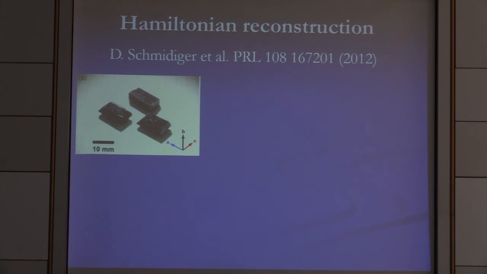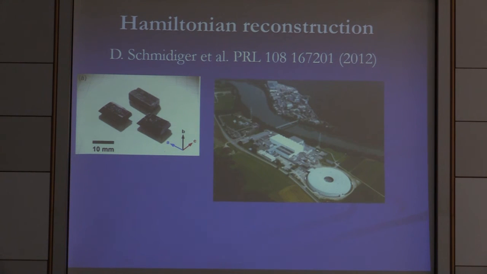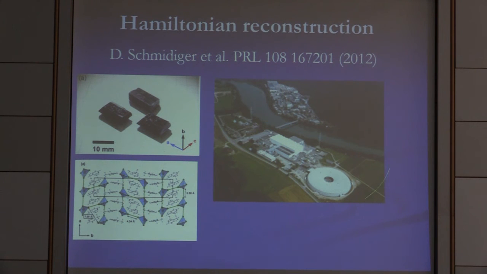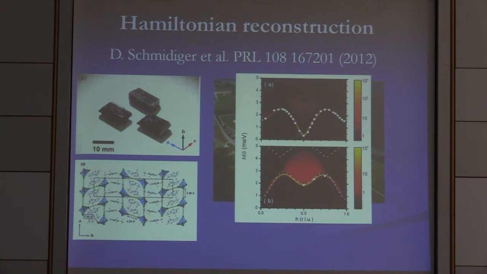get the correlation function exactly, we can even reconstruct a Hamiltonian. So here is a compound, which is called DIMPY, that was studied by neutrons at PSI, and they knew it's a ladder, but they didn't know the coupling constants. So what we did, we took their neutron points, and we let a calculation run with arbitrary ratio between the leg and rung coupling up to the point where we can match the experiment.